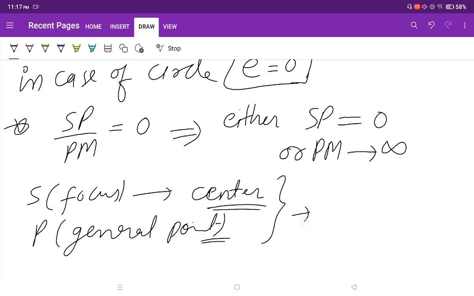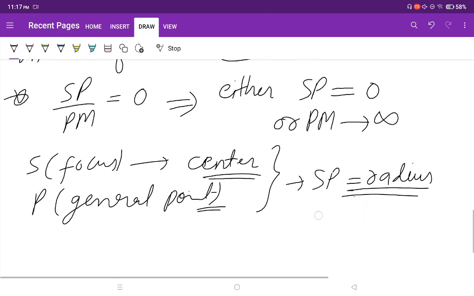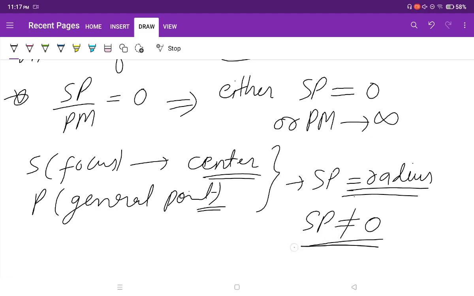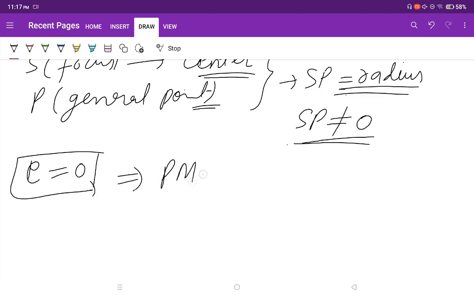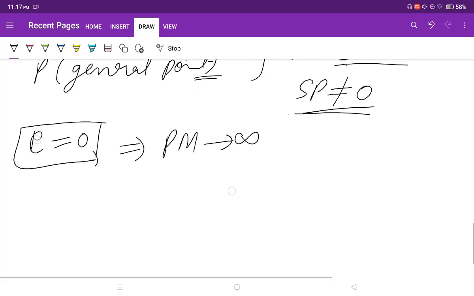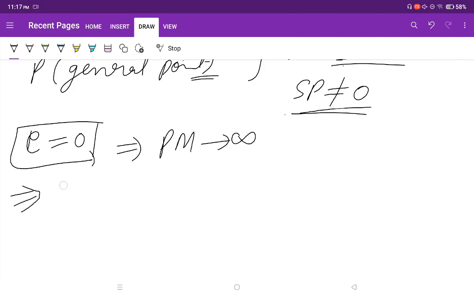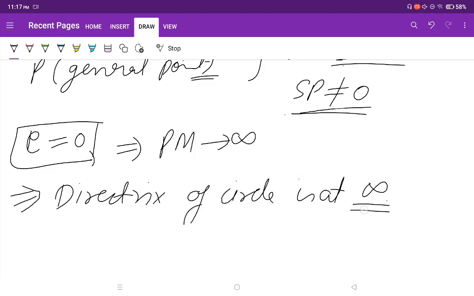So in case of a circle we have distance SP as radius, and so SP is not equal to 0, right? So for e to be 0, PM should tend to infinity, which implies that the directrix of a circle is at infinity. What is the location of the directrix of a circle? It is at infinity, right?